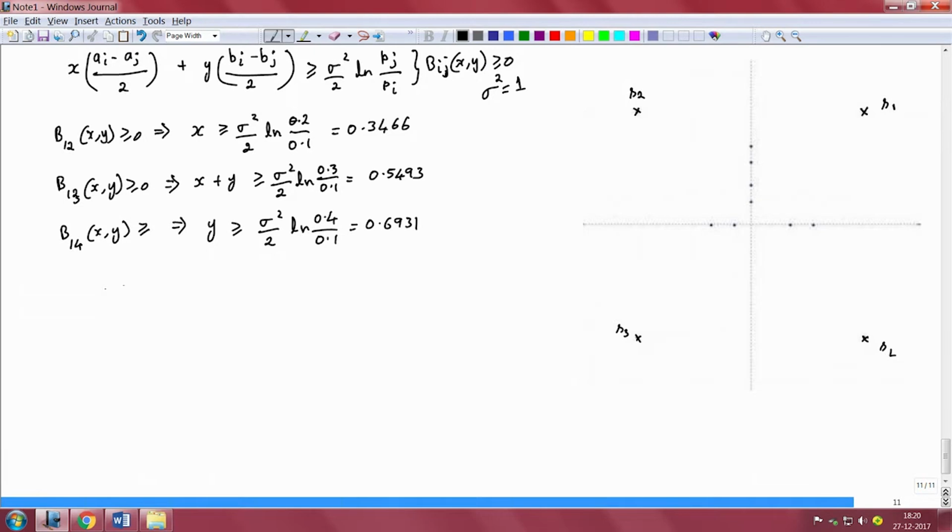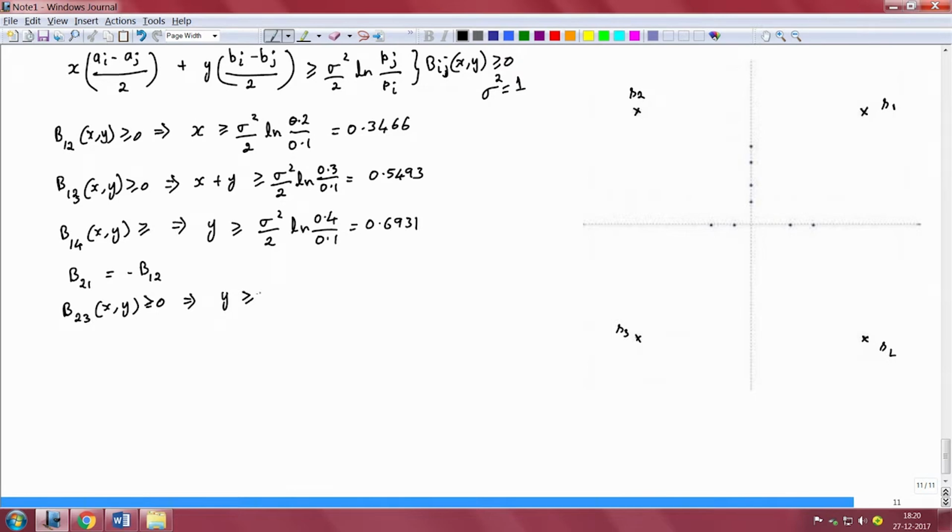And we know that B21 is the same as B12 with a negative sign, and B23(x, y). Similarly, following the same procedure, between 2 and 3 only the y coordinate is different.